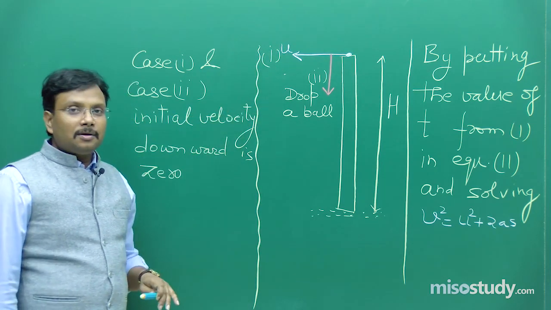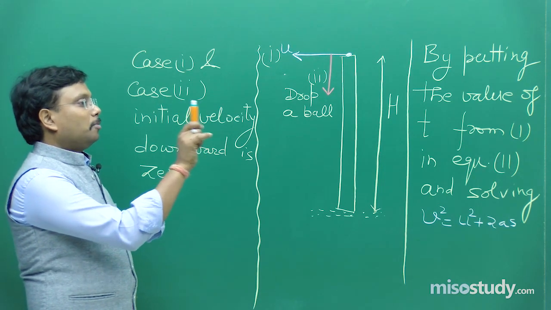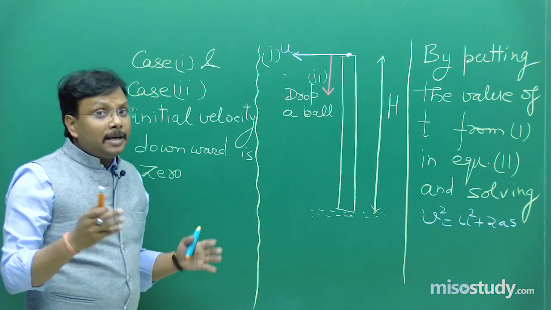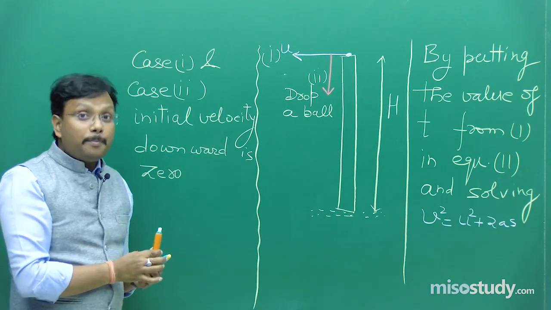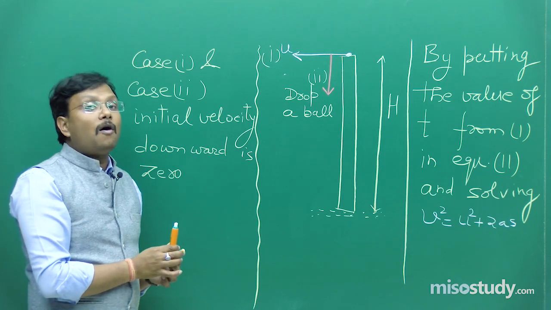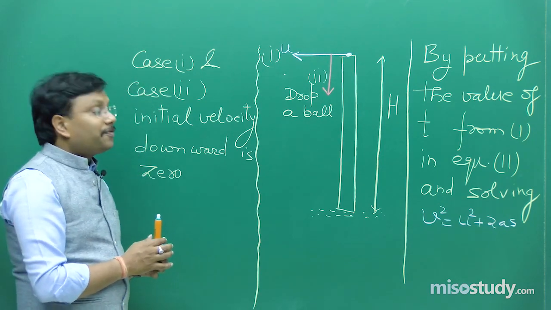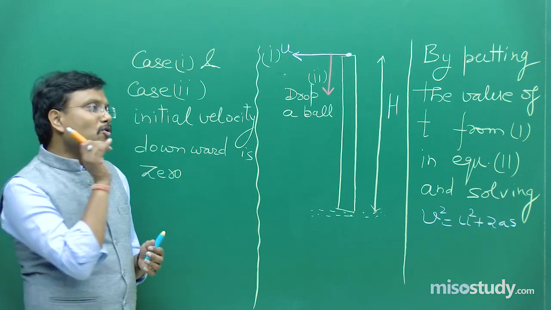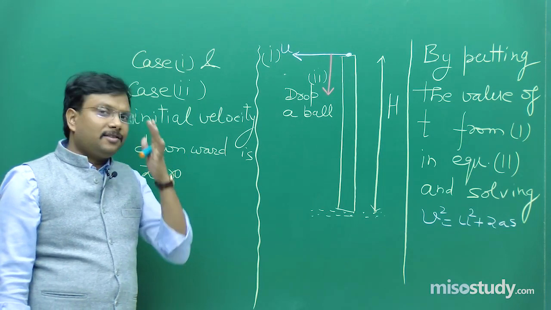And for this white color arrow, I am throwing the ball or object horizontally. So downward velocity is initially nothing. It will start moving downward because of the presence of acceleration due to gravity g. So because of that reason, yes, it is moving in this direction, but initially downward, is there any velocity?